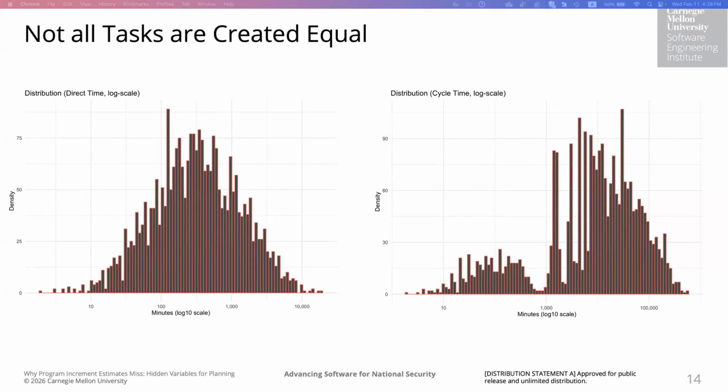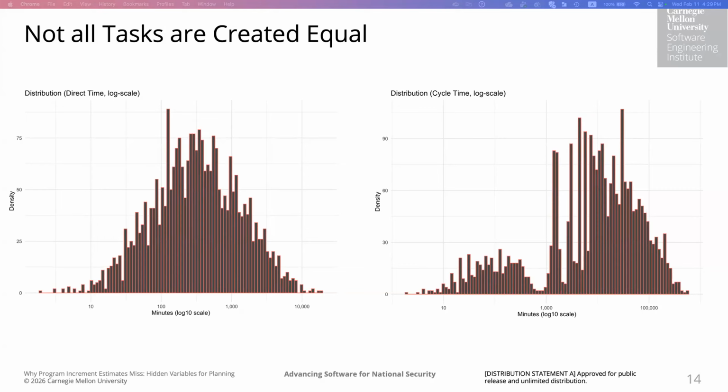However, the thing that we see on the right-hand side, this is the distribution of the cycle time or calendar time. It's not as normal. We definitely see two different peaks over here, and this suggests that there might not be a very strong correlation between the two, right?